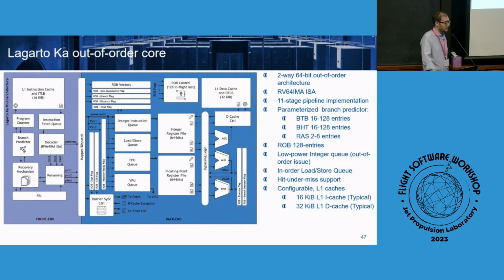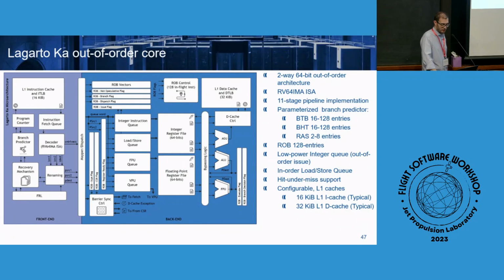And here is the fourth tape out, what we call Lagarto K. This is a higher performance processor with a two-way out of order superscalar architecture. The pipeline is even deeper with 11 stages, and we have also a configurable branch predictor.